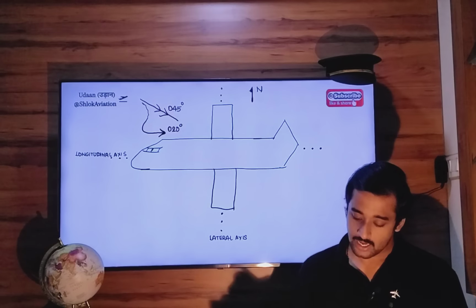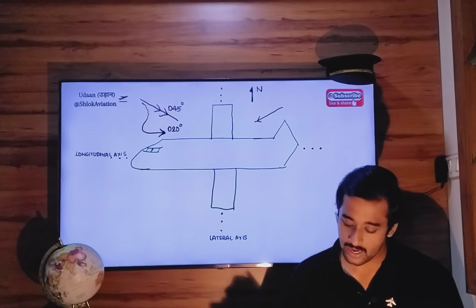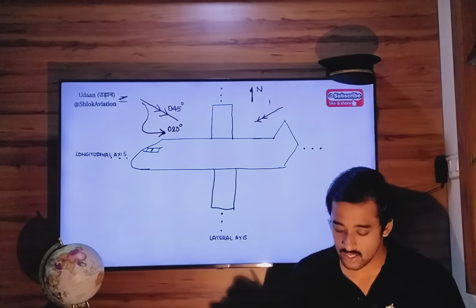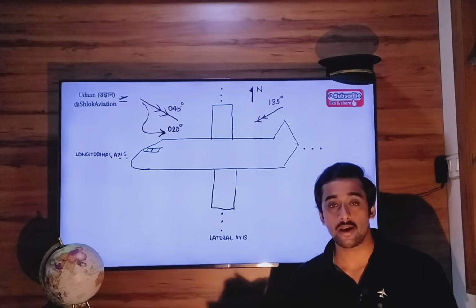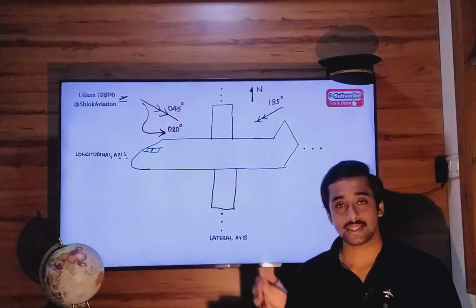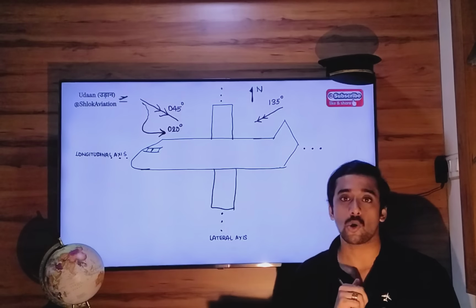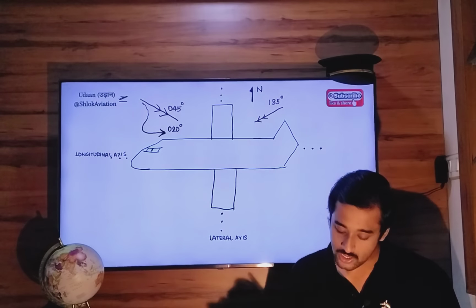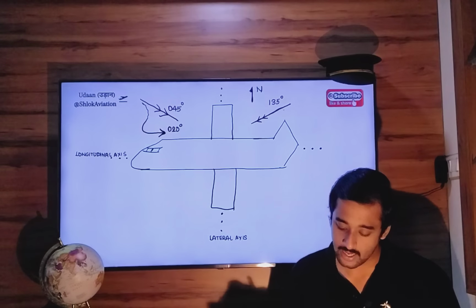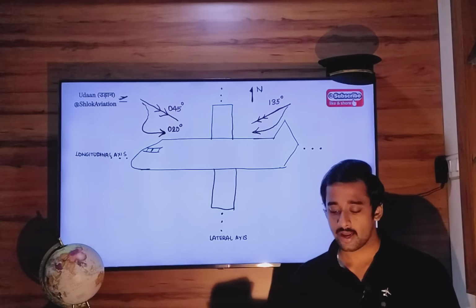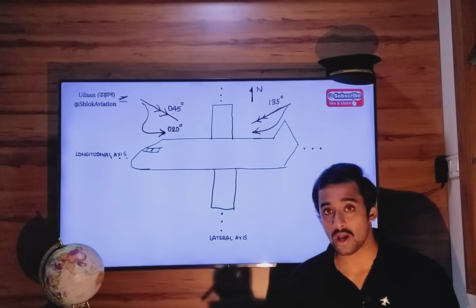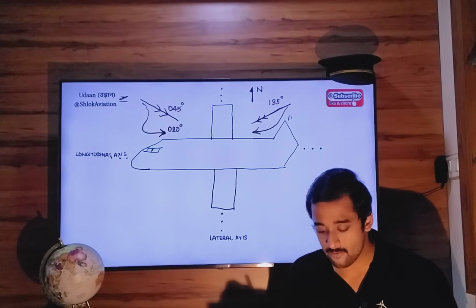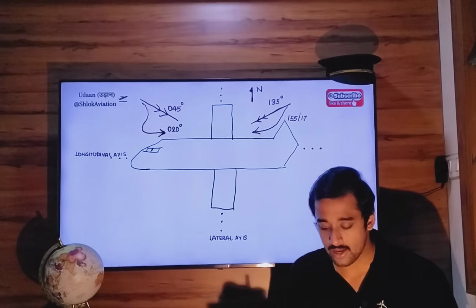Again, if there is any other wave coming from the southeast direction, let's say 135 degrees, the bending will happen such that this wave bends around and gets aligned as much as possible with the longitudinal axis of the aircraft. So instead of coming like this at 135 degrees, it will bend and come at an angle which is more than 135 degrees, 155, 175, whatever.